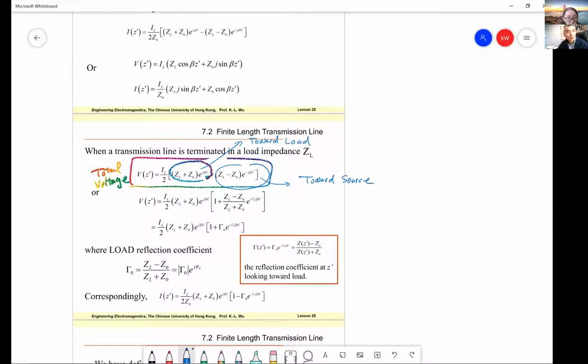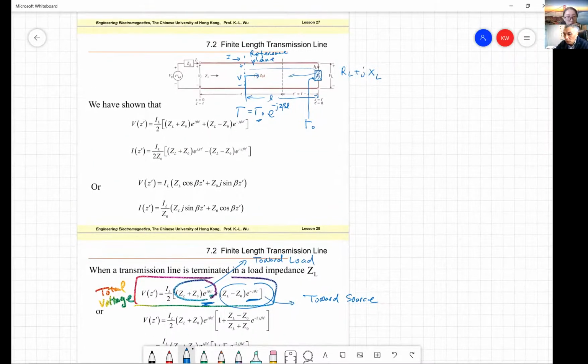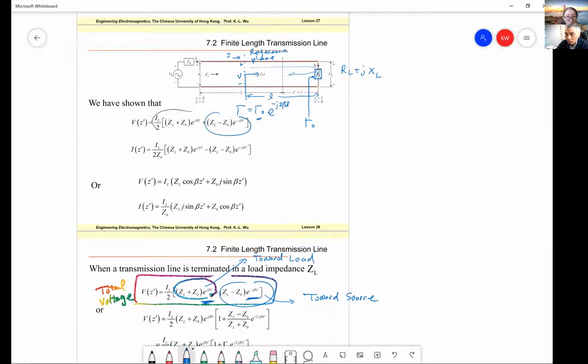But no matter what we call them, this is a traveling wave because it is proportional to an exponential function. Once it is proportional to an exponential function in terms of phase, that is a traveling wave.